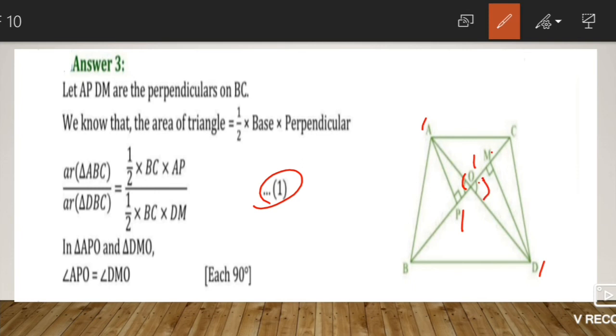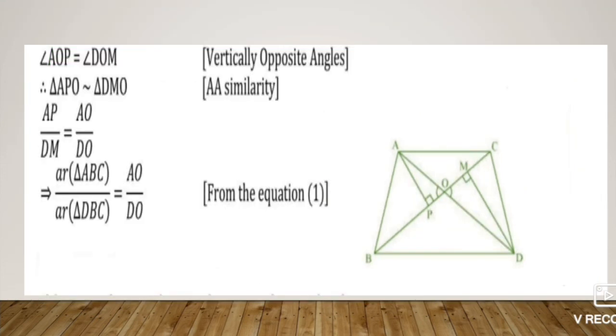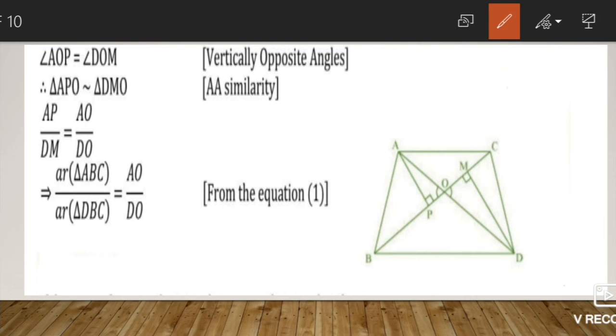Again, angle APO is 90 degrees and angle DMO is also 90 degrees, so APO is equal to DMO, each 90 degrees. And again AOP is equal to DOM because they are vertically opposite.